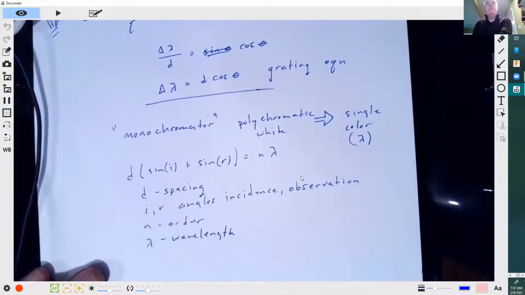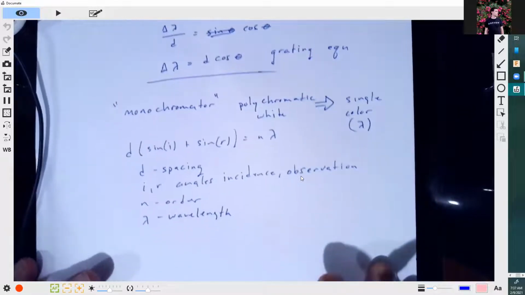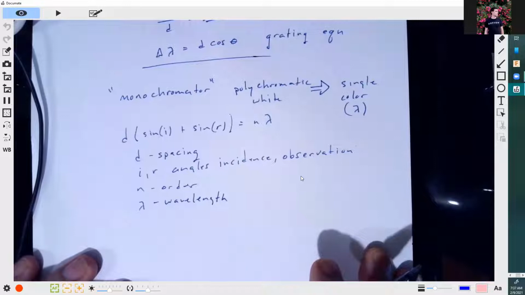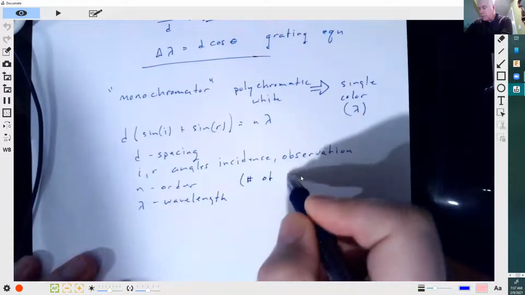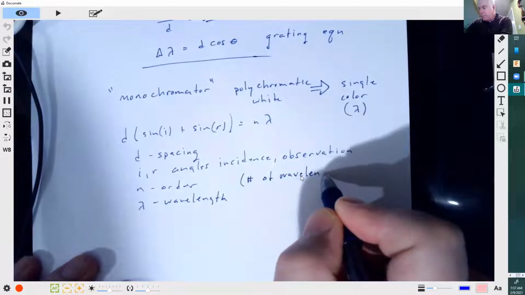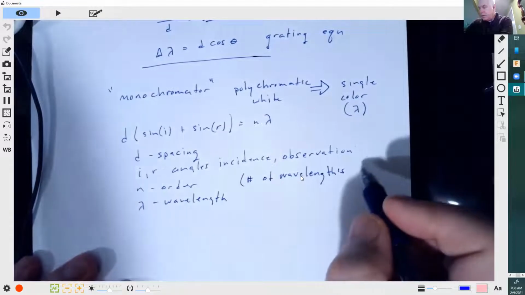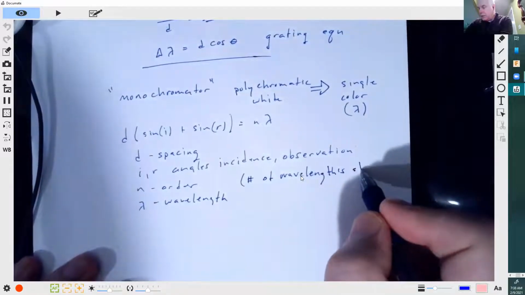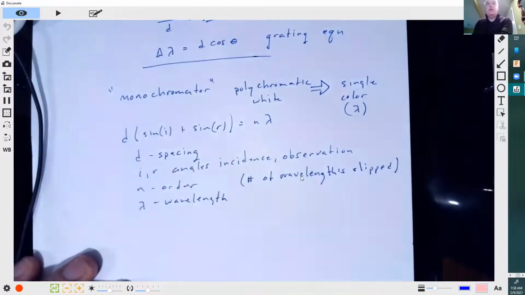So the order is the number of wavelengths that have slipped in the diffraction process.